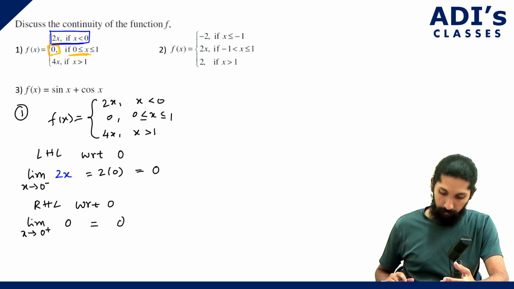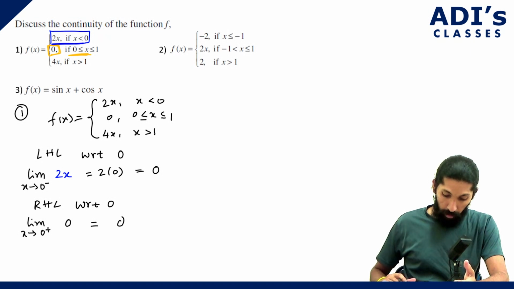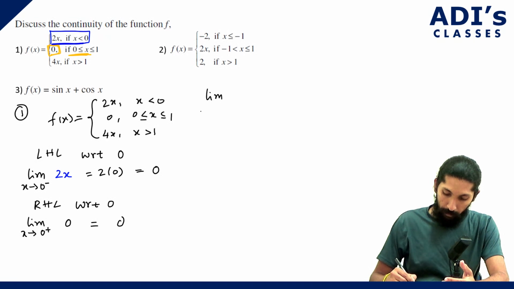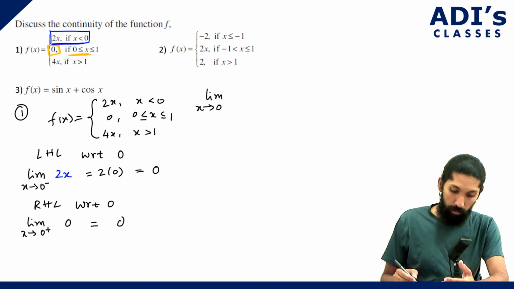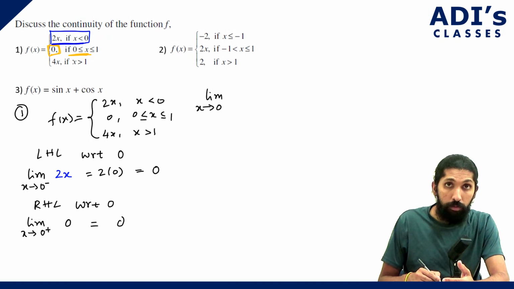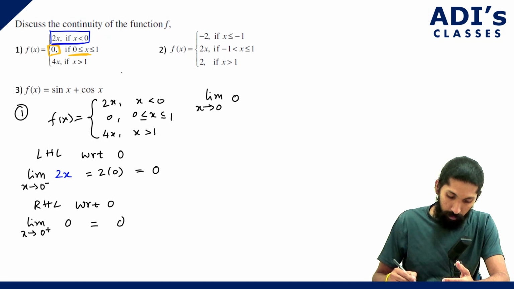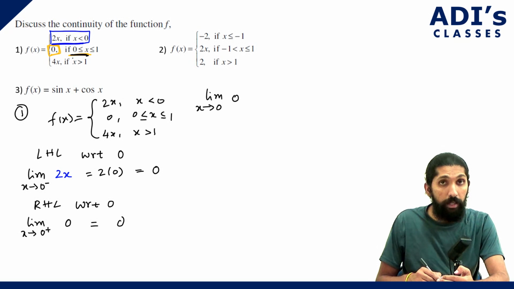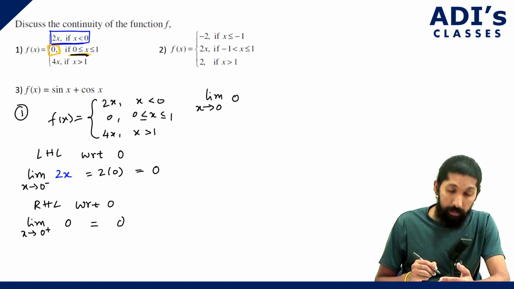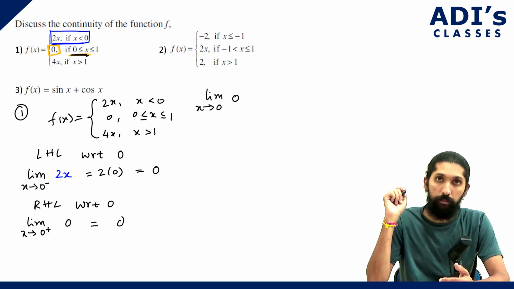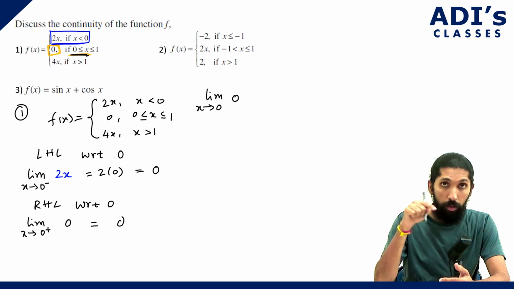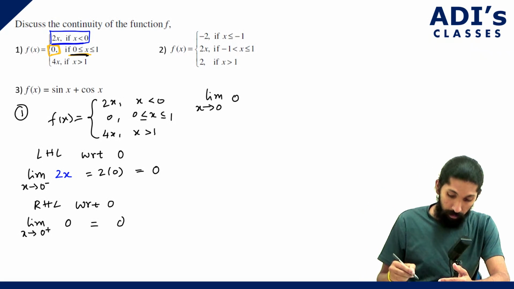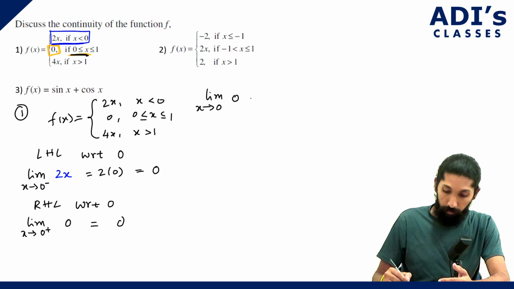Done. Now the limit itself, that is limit as x tending to 0 of f of x. What is f of x at x is equal to 0? 0 itself, because look at this point, x is greater than or equal to 0, isn't it? So equal to is also there. So at x tending to 0, you're going to get the value as 0 itself.